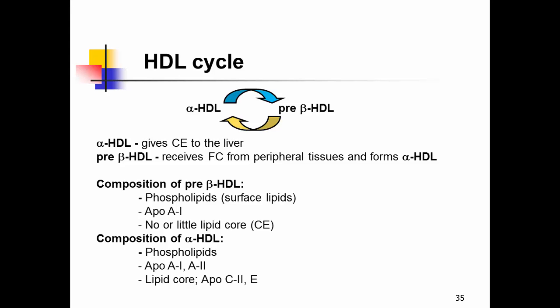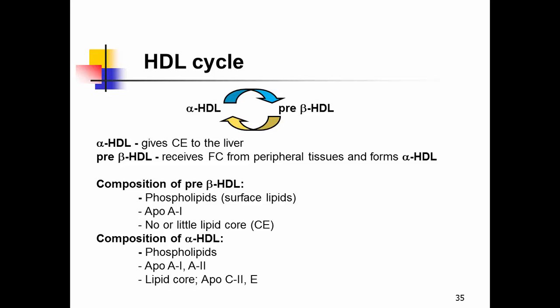Of the HDL cycle, alpha HDL basically gives the cholesterol ester to the liver. Alpha HDL contains lots of cholesterol esters, so it's the final version of HDL.